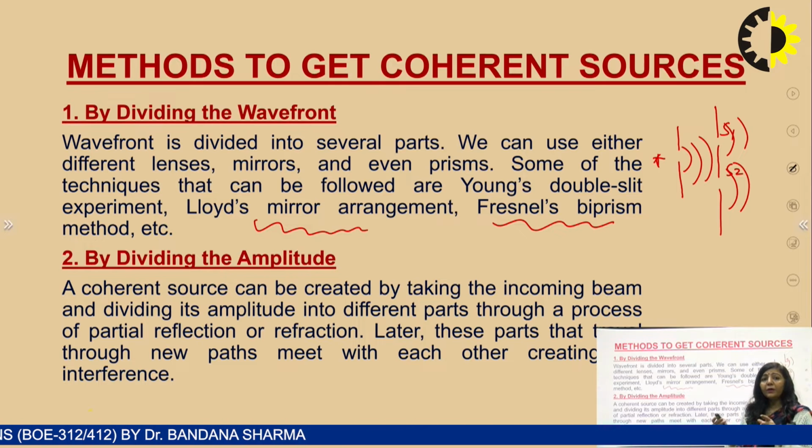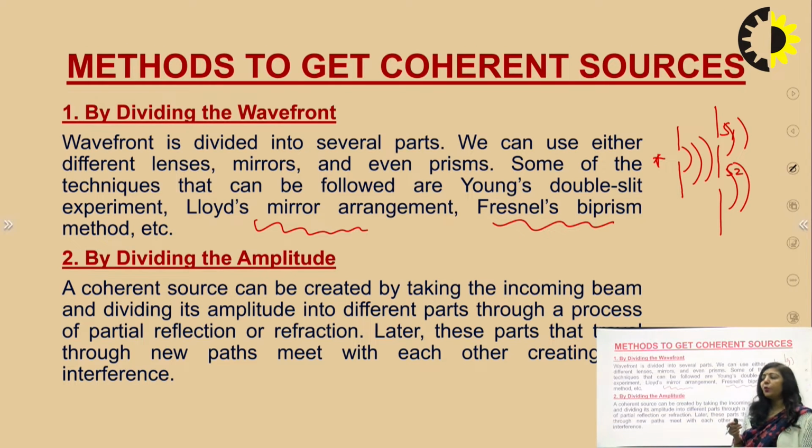Because if there is any change in the phase of your parent source, you will get similar changes for all the rays obtained by the division of amplitude of a single ray. So division of amplitude is another example of getting coherent sources, in addition to division of wavefront.